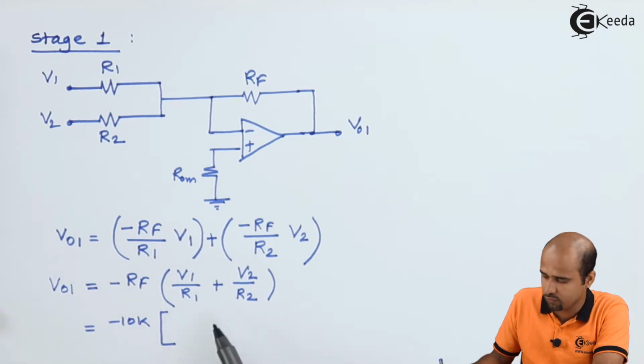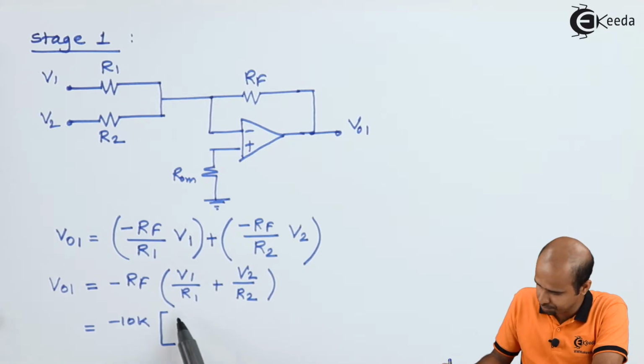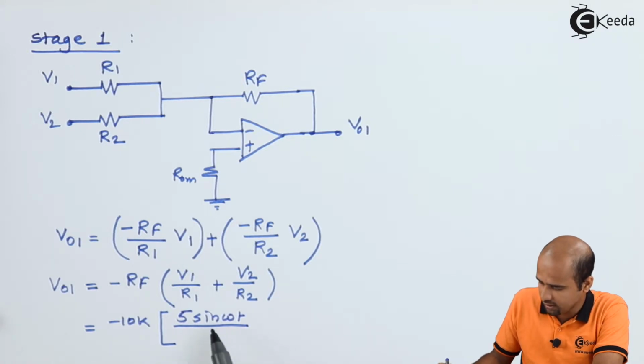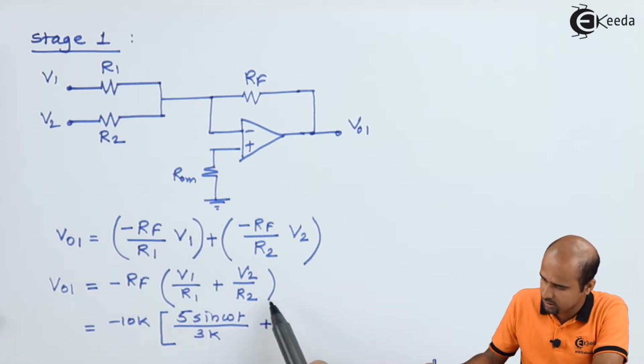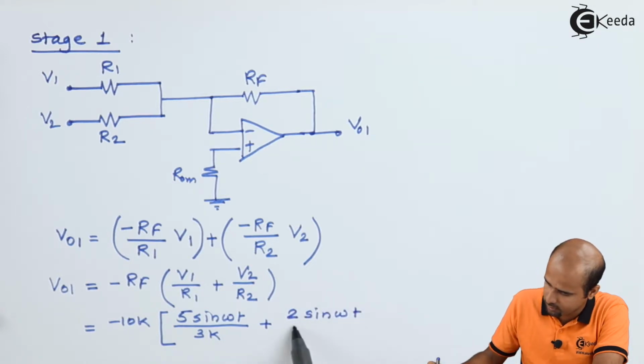V1 is of value in the form of sin omega t, AC signal, is 5 sin omega t divided by R1, which is 3K, plus V2 is of value 2 sin omega t divided by 3K.